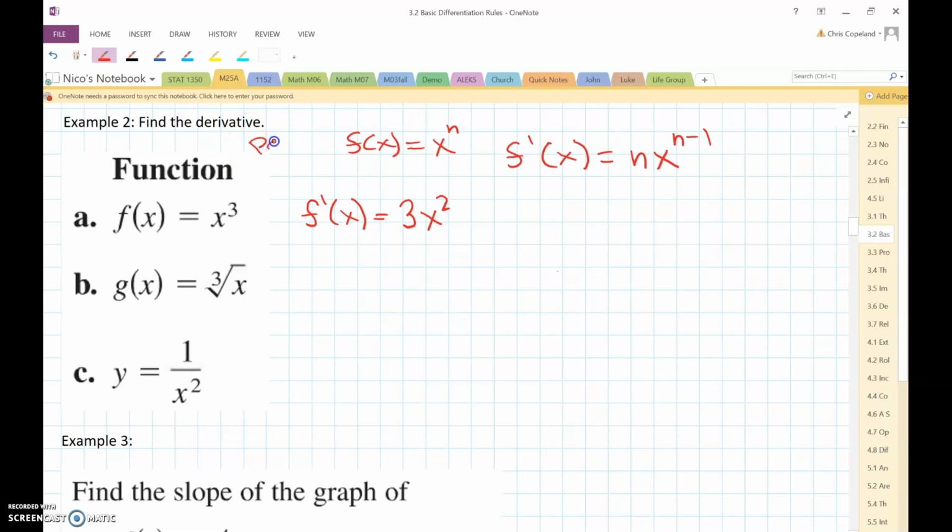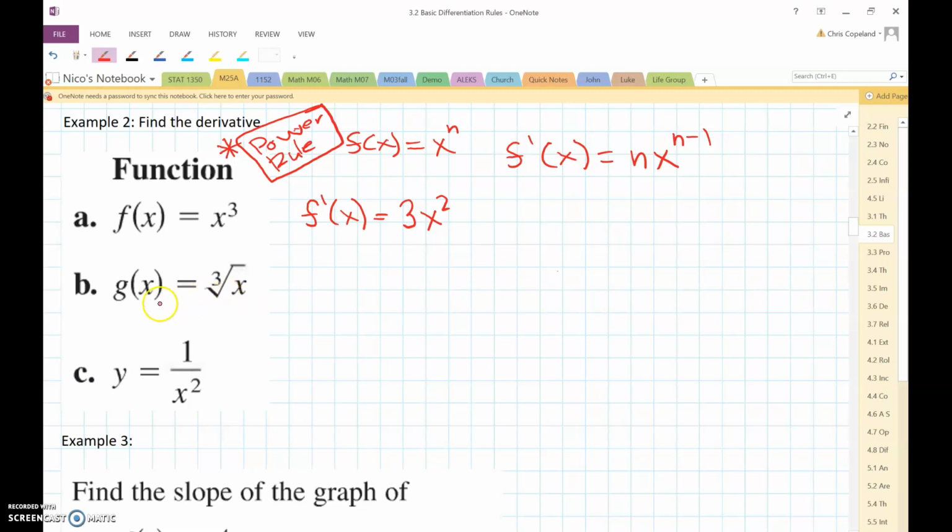Again, this is the power rule. We're going to have all these different derivative rules that you're going to want to memorize, so it's important to know the names of these rules, so when I refer to them, you know what rule I'm talking about.